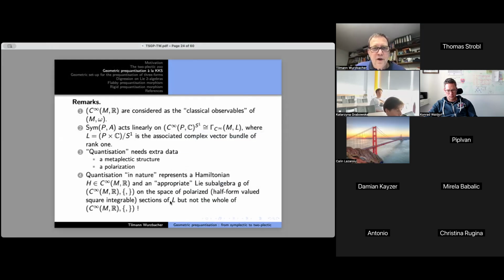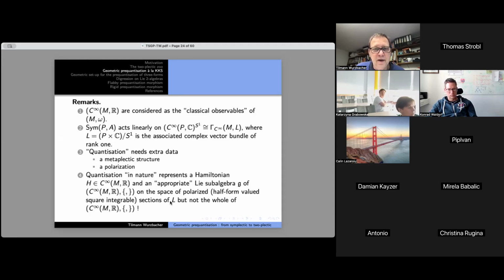Okay, some remarks. I already said that the classical observables are the C-infinity functions. Very often prequantization is not formulated in terms of the principal bundle P, but in terms of a complex line bundle L. And the transition is simple. I take P, I represent S1 on C in the standard way, take a product, divide by the right action of S1, and this is a vector bundle.